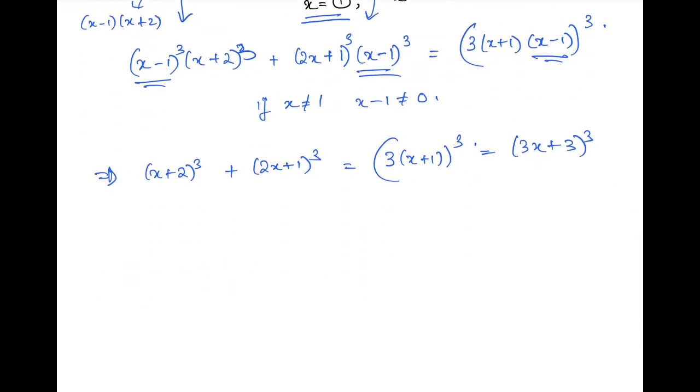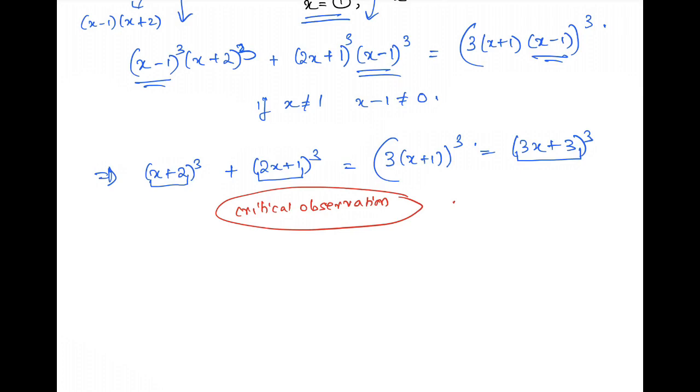Now, interestingly enough, these two pieces, x plus 2 and 2x plus 1, add up to give you 3x plus 3. This is a critical observation. These kind of observations actually make or break a problem. So x plus 2 plus 2x plus 1 gives you 3x plus 3.